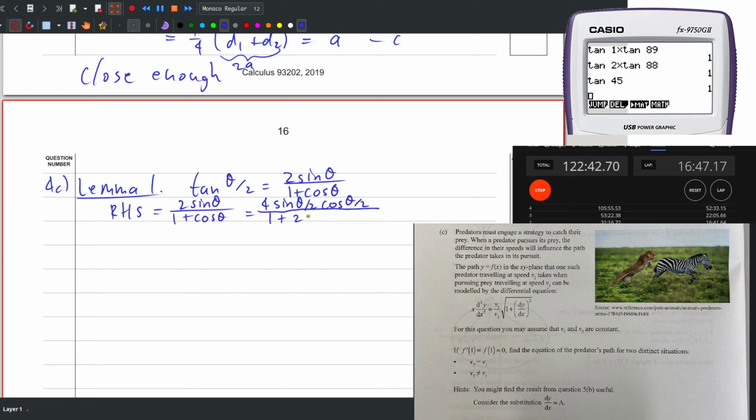So 1 plus 2 cos squared theta on 2 minus 1. Ah, right, so that's the issue. This 2 shouldn't be here. Okay, right, because if we just have this, then it's tan of theta on 2, which is the left hand side. So that's proven.